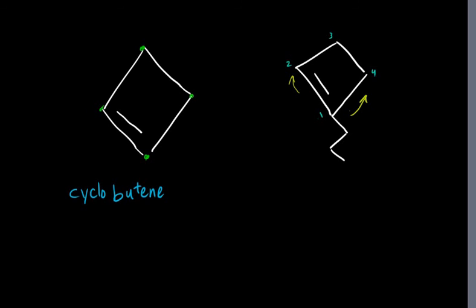But if you take the numbers from the opposite direction, like counterclockwise direction, it will be like this: 1, 2, 3, 4. And as you can see now, the double bond is between 1 and 4, and now we will choose the lowest possible number, right? And it will be 1.